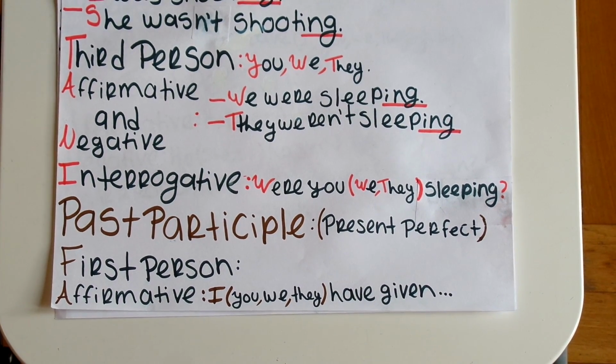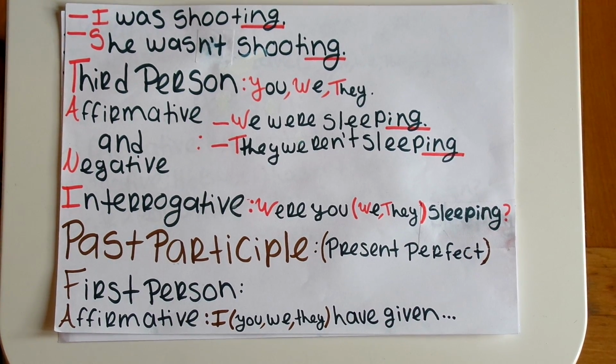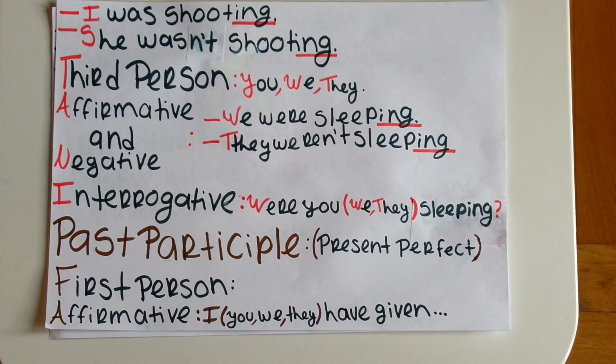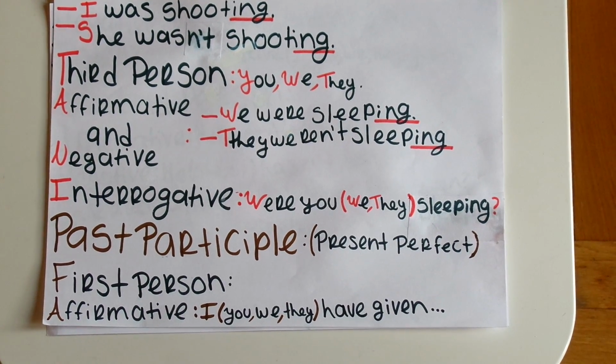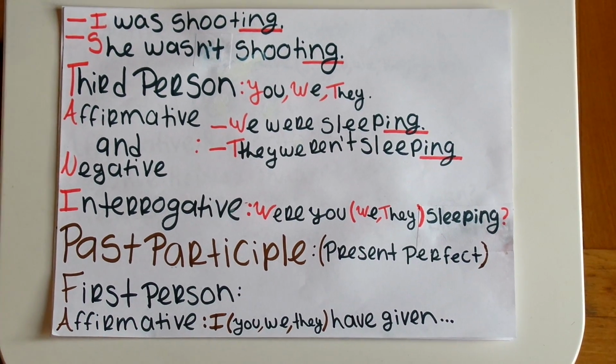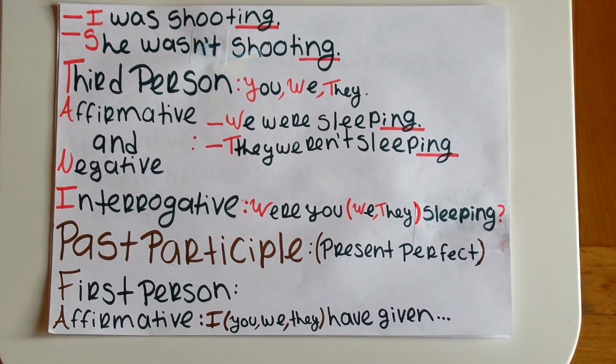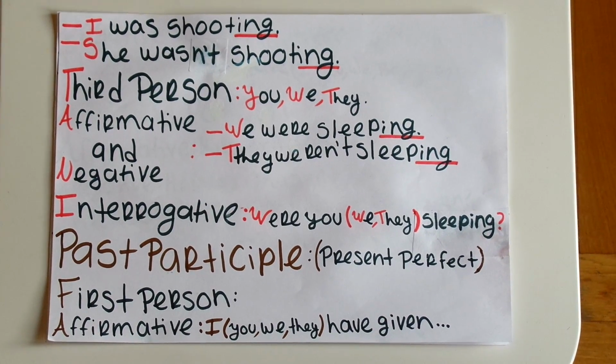Here the connector is also were as an affirmative way. This was the past continuous tense. Right now we're gonna continue with past participle tense, or present perfect.